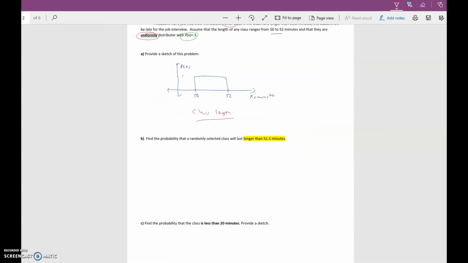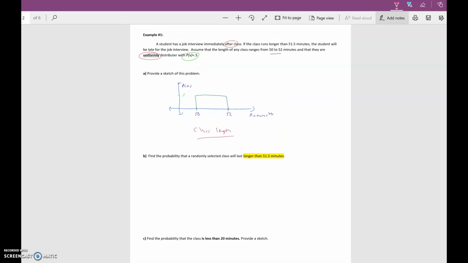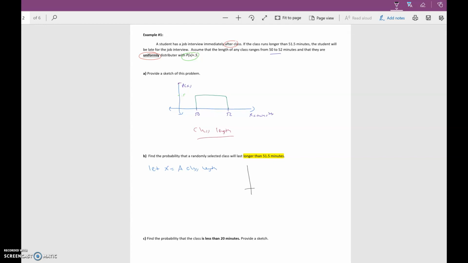Now, they want you to find the probability that a specific class is longer than 51.5 minutes. So let me declare the variable. In this case, let x equal the class length. Now, let me redraw the distribution so that it's clear which portion we are getting the area from. This is x is equal to minutes. This one goes from 50 to 52 minutes.